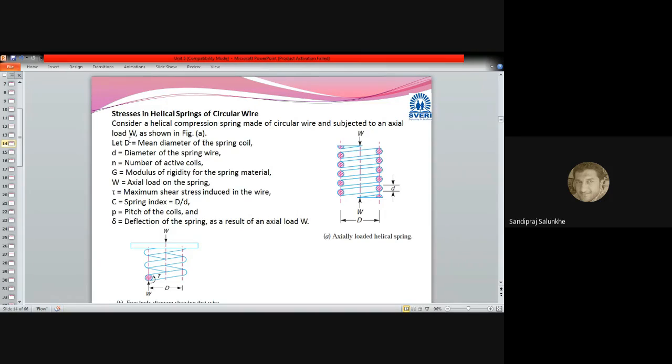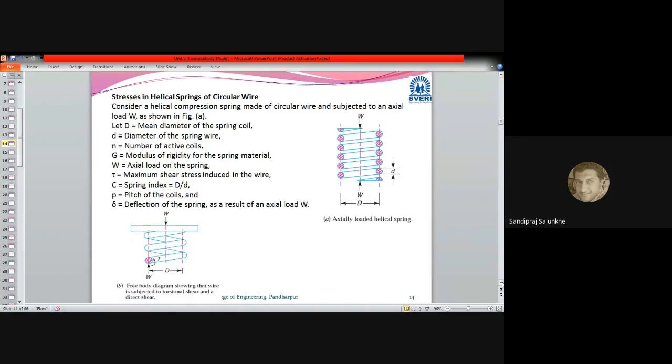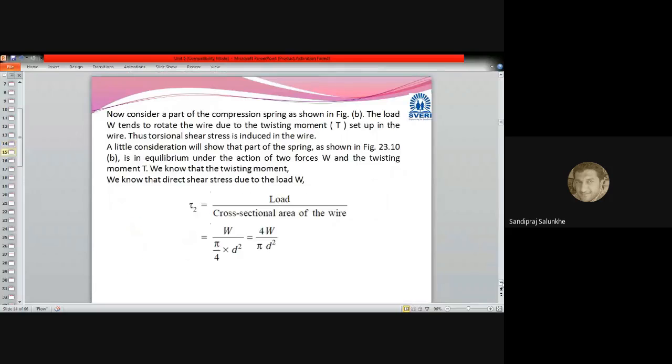Okay, these are the terms which we are going to consider while we are calculating the stresses induced in this spring. Now we'll first consider the diagram which we have seen in compression.